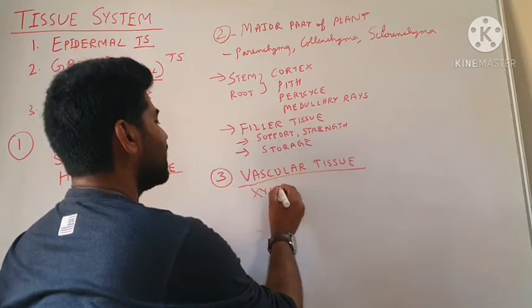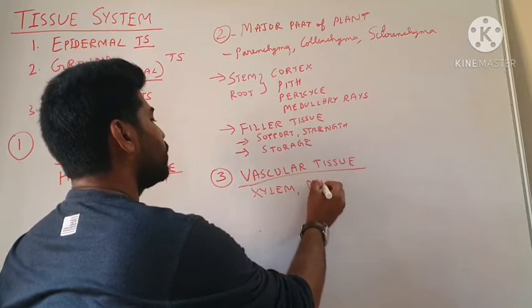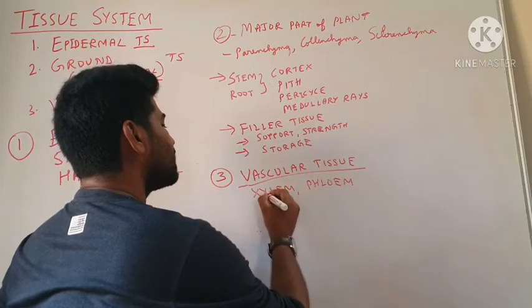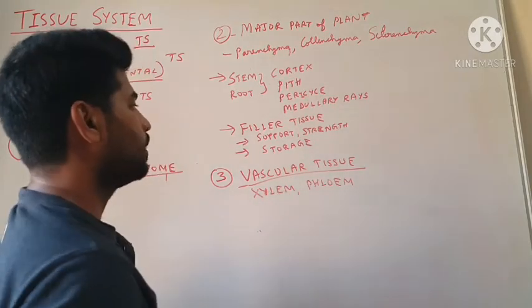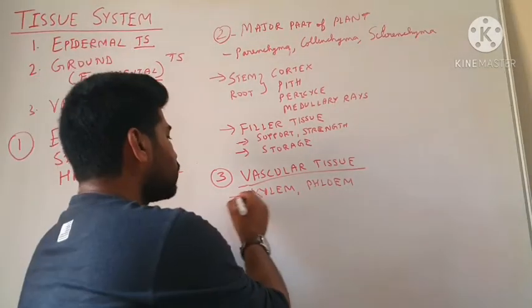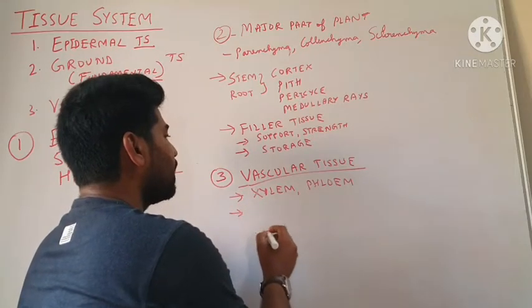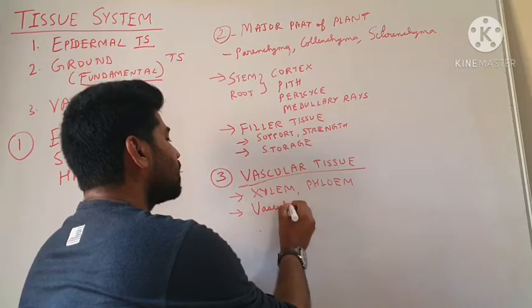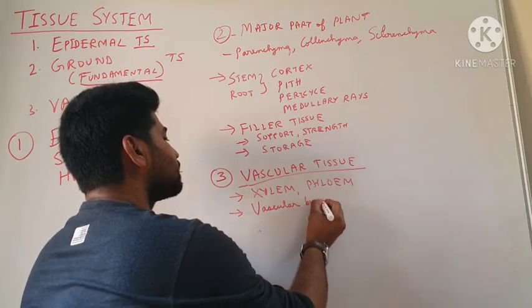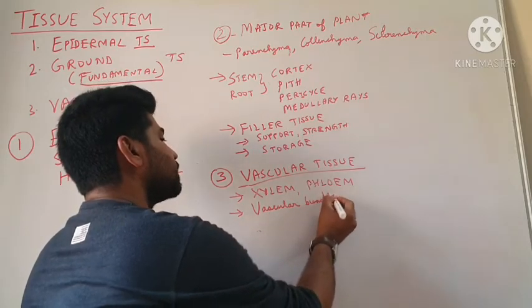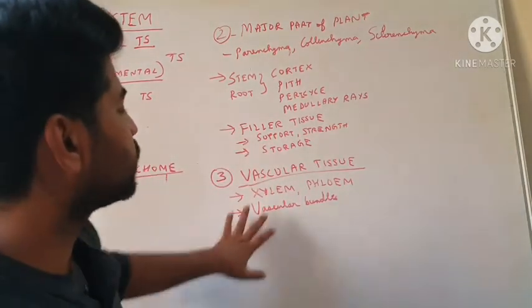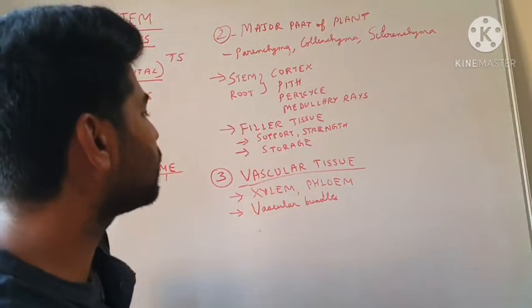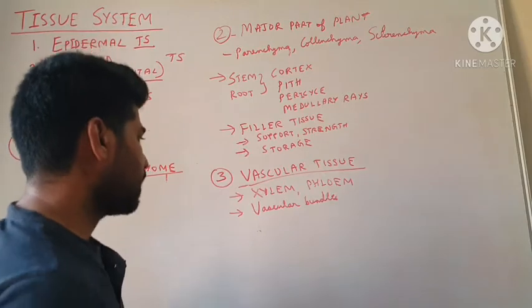So the xylem and the phloem together make up the vascular tissue system. As you know, the xylem and phloem are often present together, forming the vascular bundles. So they are present very close to each other. So we call them the vascular bundles.